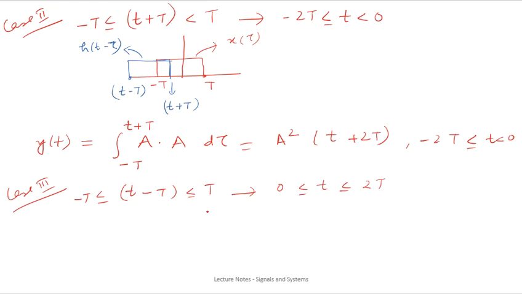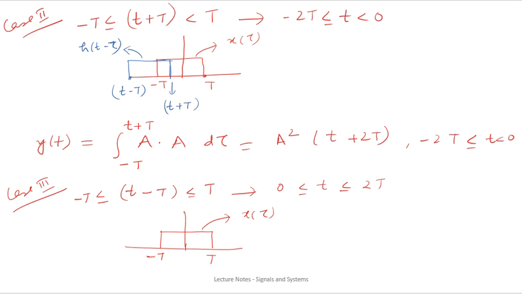Now again you can draw the figure. So x of tau will remain same. This is x of tau, from minus T to T, and let us just write its limit from minus T up to T.